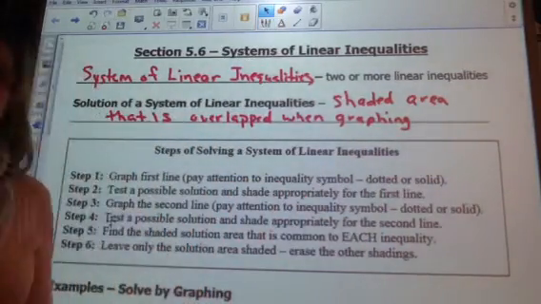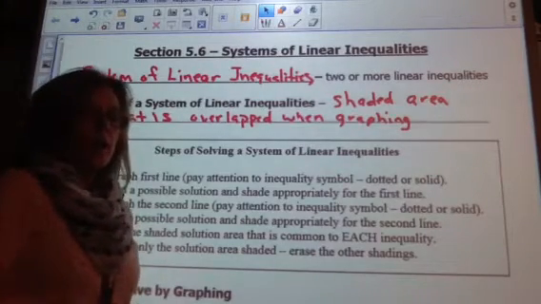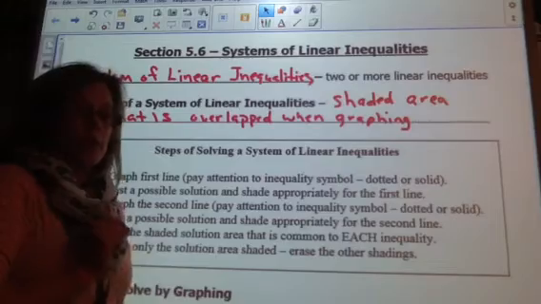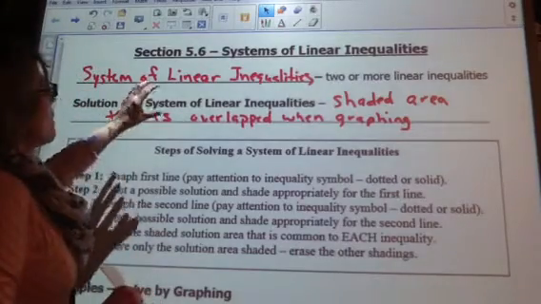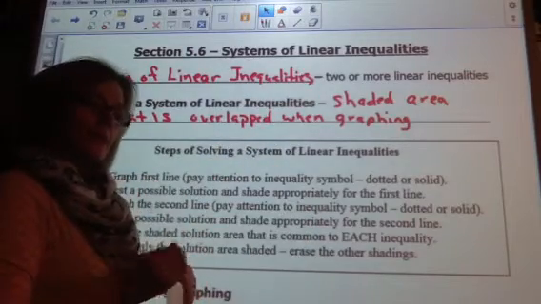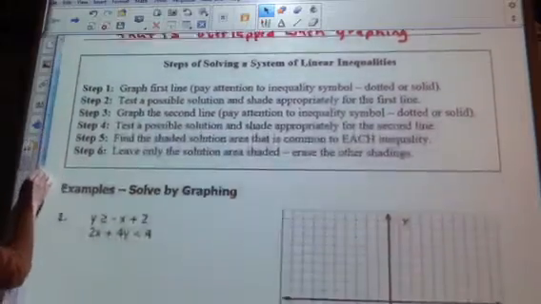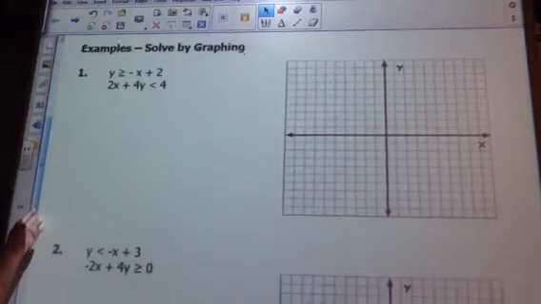When we solve systems of equations and graph those lines, where they intersect is a point. When we solve systems of linear inequalities, it's going to be a set of points where they overlap. So we're going to skip the steps, start on the first one, and we'll come back to those steps.